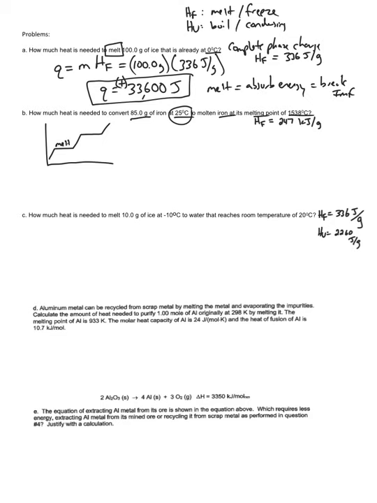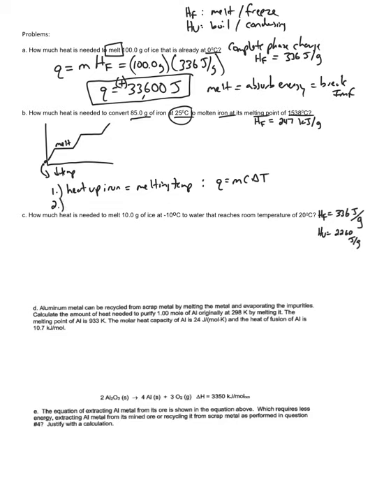So the first step is I've got to heat up the iron and get it to its melting temperature. Is the temperature changing to do that? Hopefully you said yes. Since the temperature is changing, we are always going to use MC delta T.